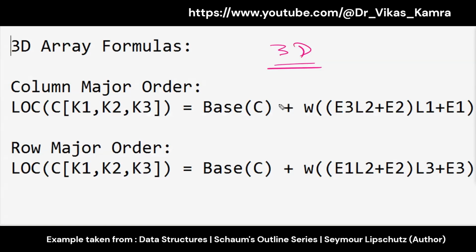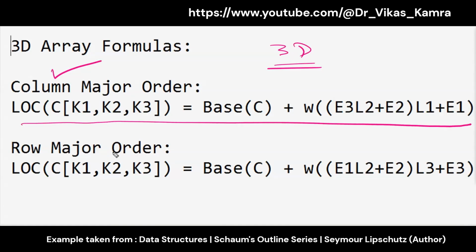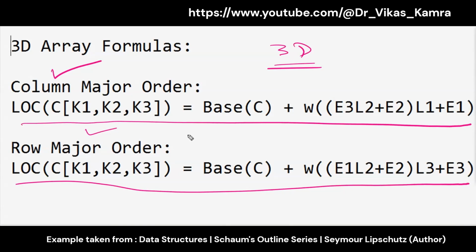Same formulas were given for 2D array in my previous video, but in 3 dimensions, for column major order this is the formula you can see, and for row major order this is the formula you can see, like K1, K2, K3. It is the location, number of row, number of column, number of page for which you want to find the address.